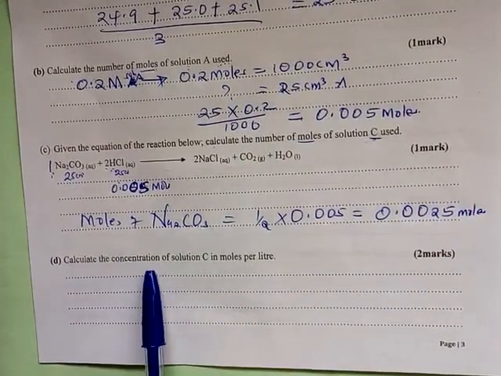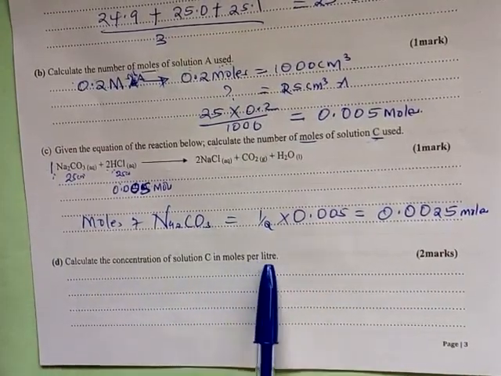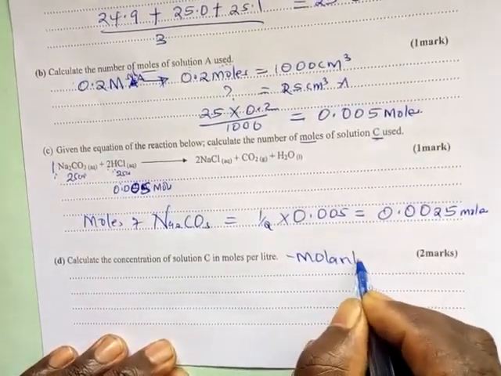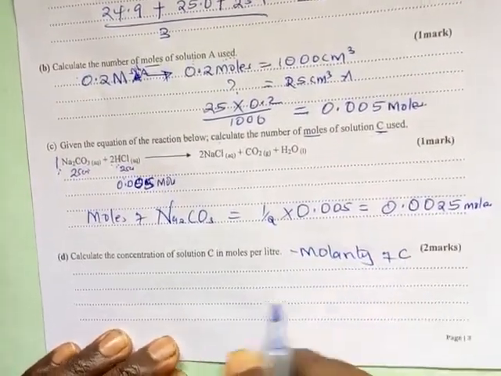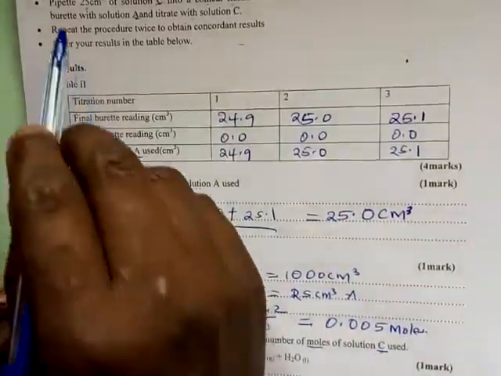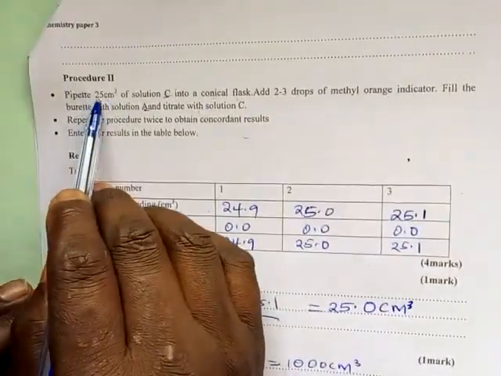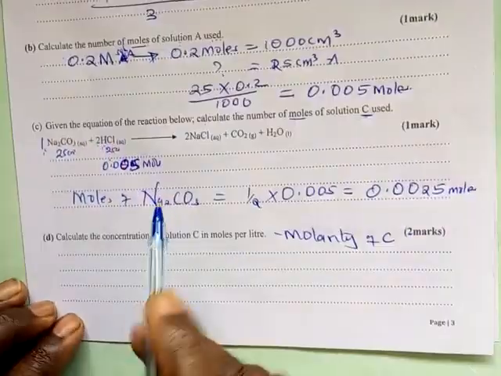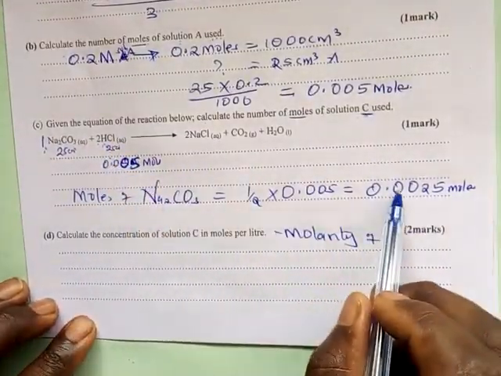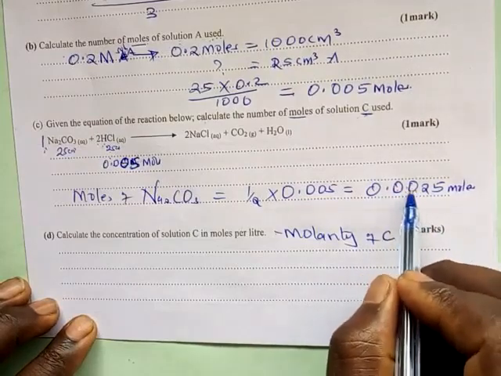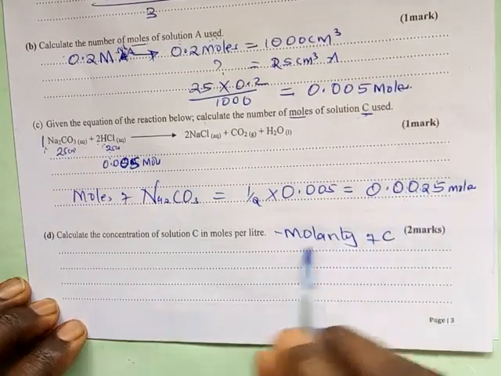Calculate the concentration of solution C in moles per liter. So we want to calculate the molarity of C. We used 25 centimeters cube of C, so this number of moles here is the number of moles of solution C in 25 centimeters cube. So what about 1,000?